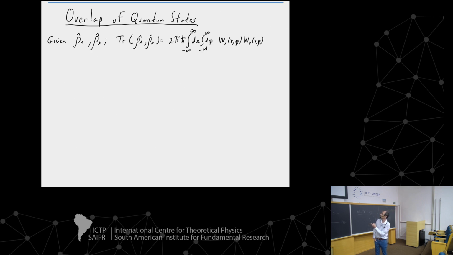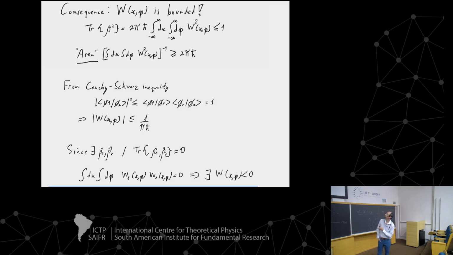Okay. At this point, you get the idea. And now, as a consequence, you see that this function is bounded. If you take the trace of rho squared, that's basically a measurement of the purity of your state. When you make this calculation, it will be the integration of this Wigner function squared.